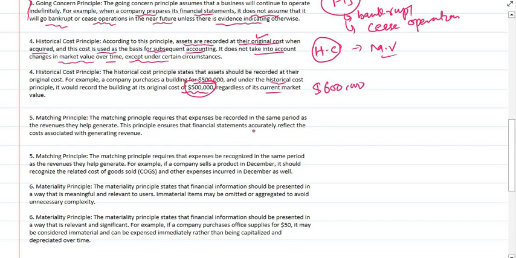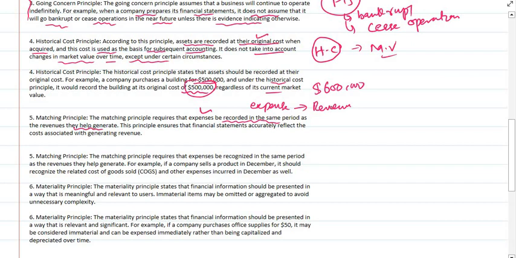Clear? Now we have another concept that is called the matching principle. The matching principle requires that expenses be recorded in the same period as the revenue they help generate.